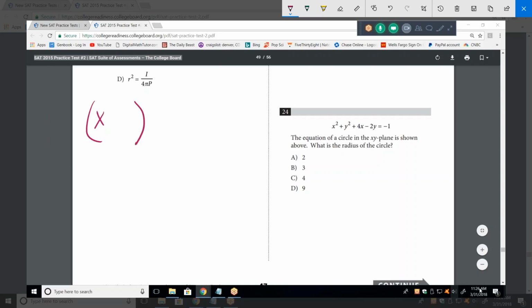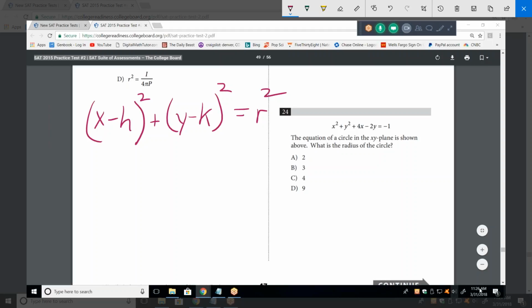x minus h squared, where h is the x coordinate of the center of the circle, plus y minus k squared. Unfortunately, they are going to ask you about it.